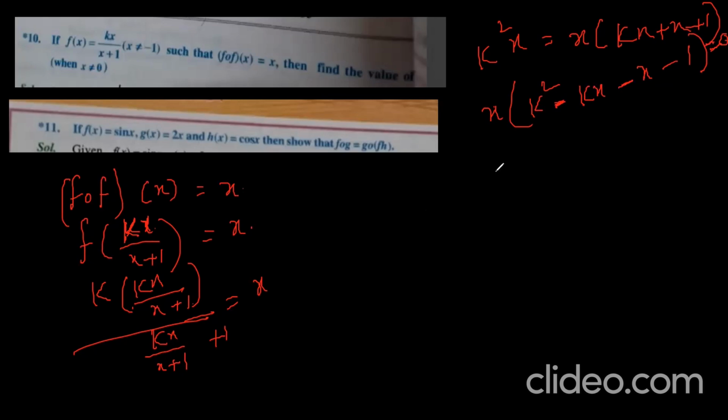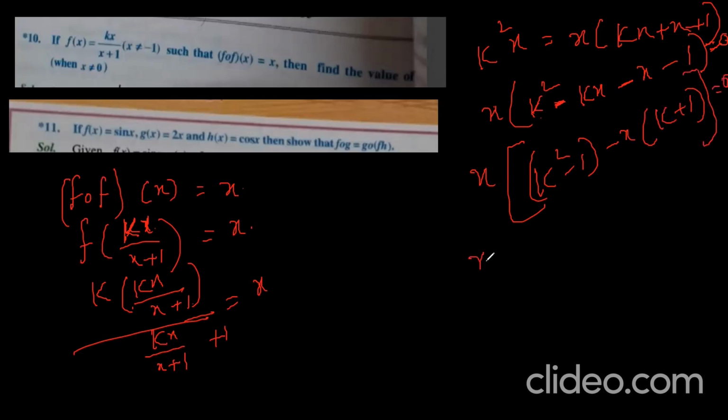Right. So you see here, this is x into k square minus kx minus x minus 1. It's no doubt k square minus 1 minus x into k plus 1, which is equal to 0. Yes, correct. So this is going to be x into, this is k square minus 1 means k plus 1 into k minus 1.